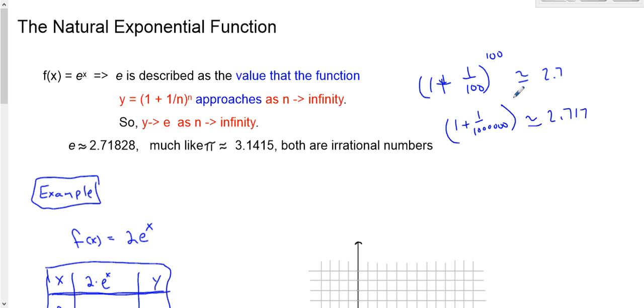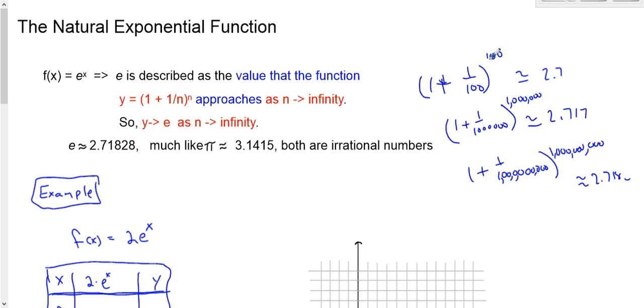And that has to be to the exponent of a million. And if we put a billion down there, that's going to give you 2.718, et cetera, et cetera.